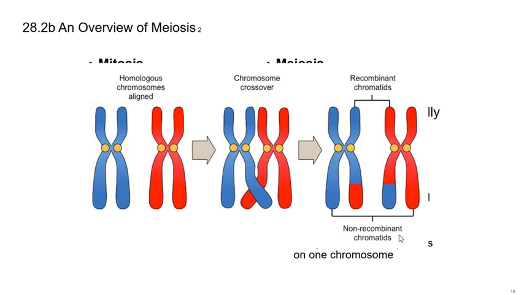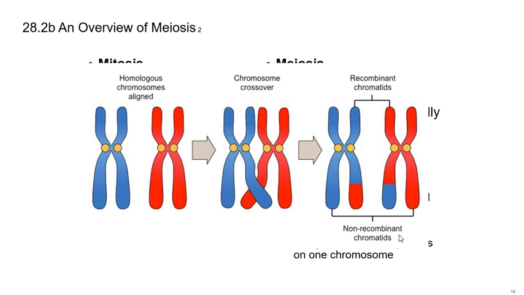So when the cell divides and it moves these chromosomes and these chromatids into their respective cells, those chromosomes are ultimately going to be different from the chromosome from which they originally came. And so again, big idea with this crossing over is it contributes to genetic variation, right? It's contributing to the difference in the genetic material in the daughter cells compared to the genetic material in the original parent cell.